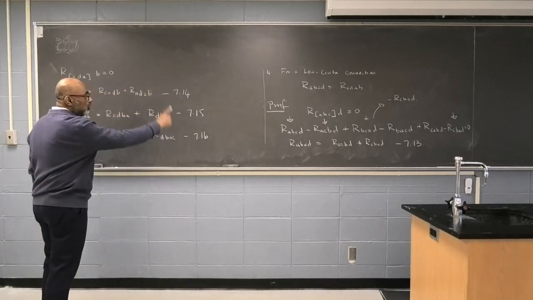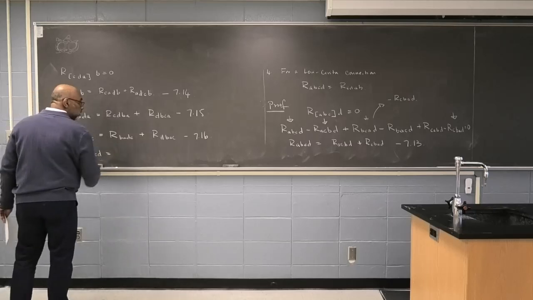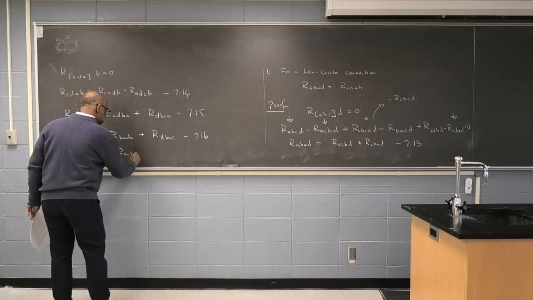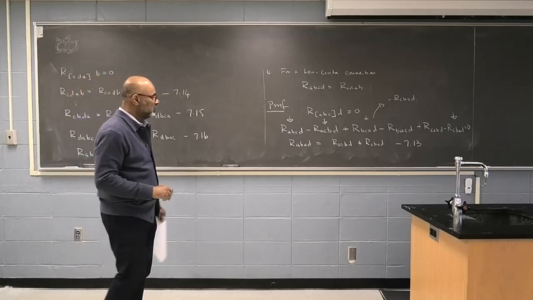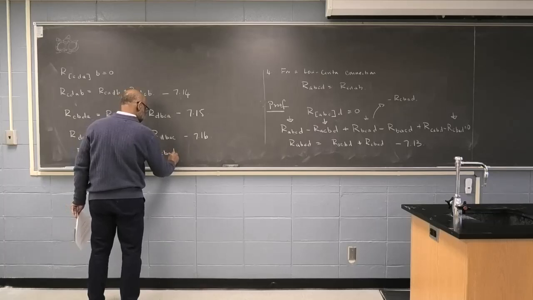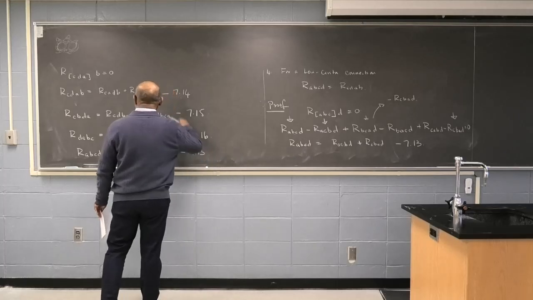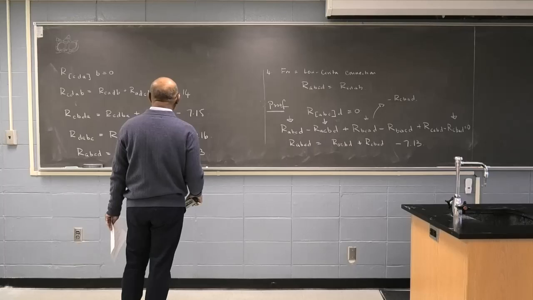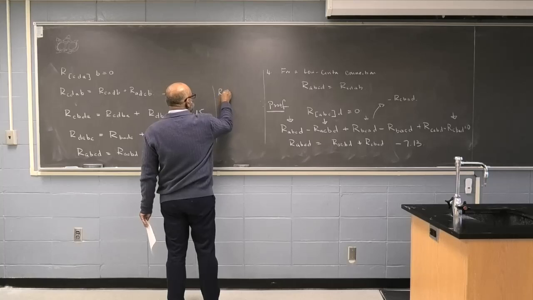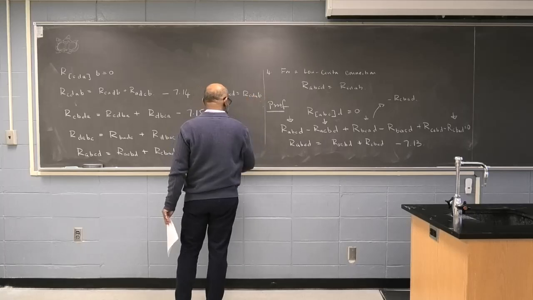So let me erase that part, and I'm going to write R ABCD equals R ACBD, or CBAD, and call that 7. And what we want is R ABCD equals R CDAB. This is what we need to prove.